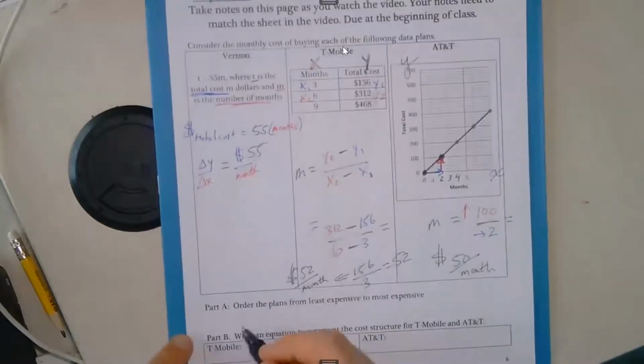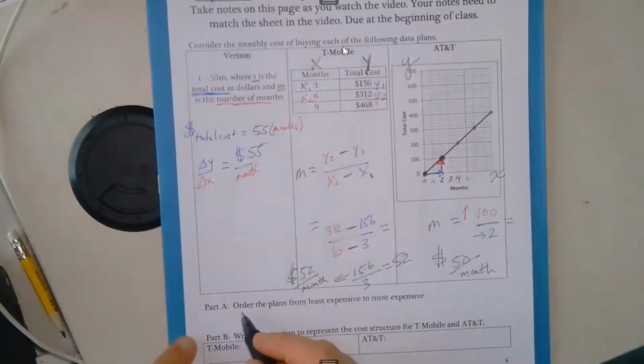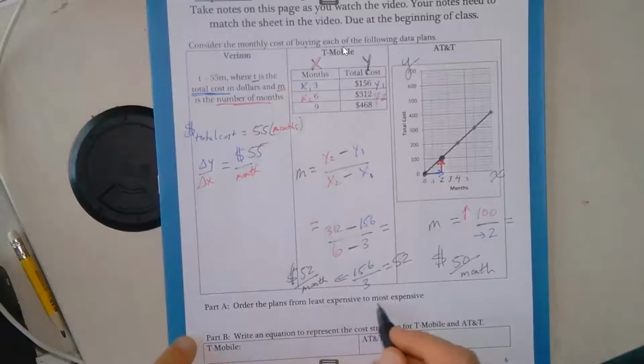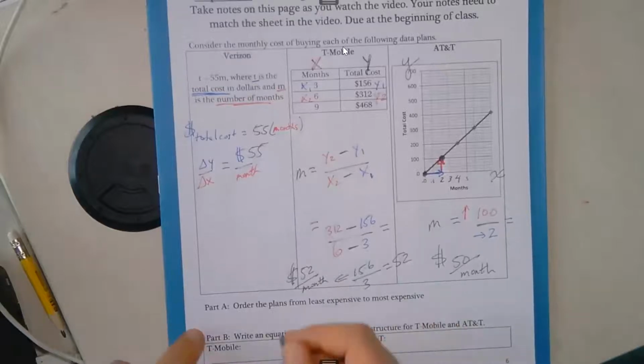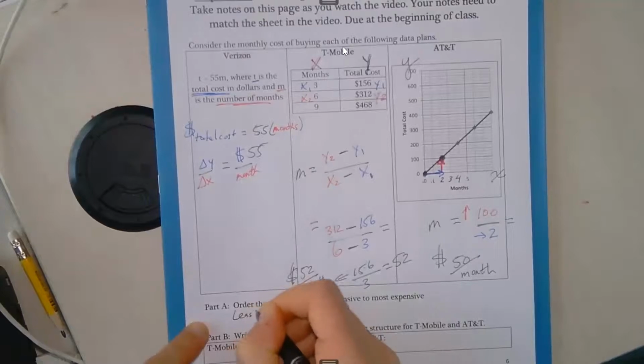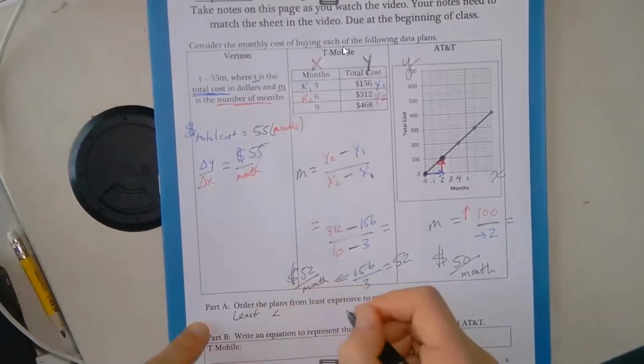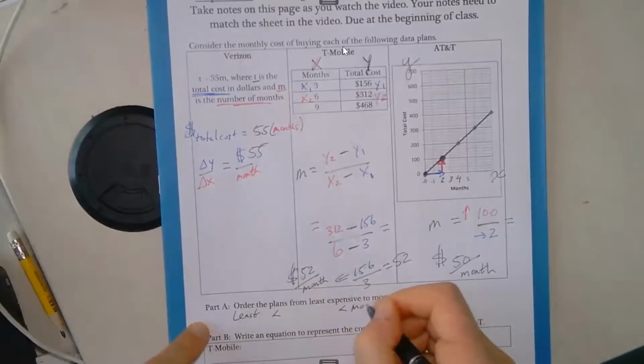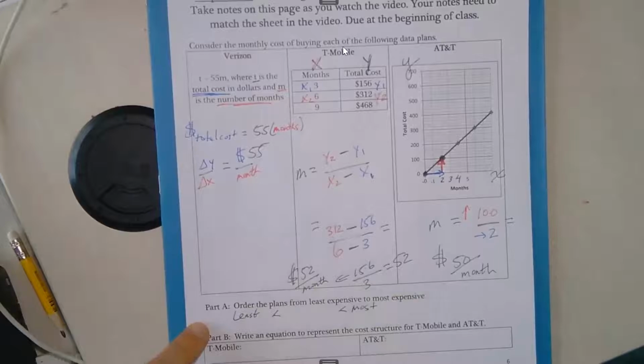So what are the plans from least expensive to most expensive? So we're going to put the least over here, which is less than the most. So there's a less than side. The least is less than some number, which is less than the most.